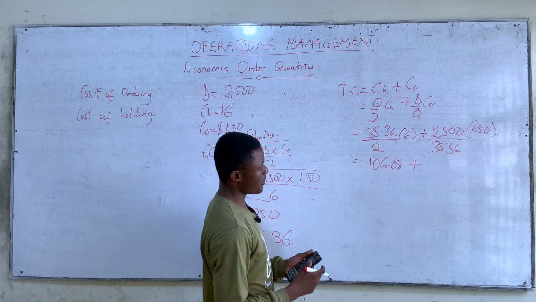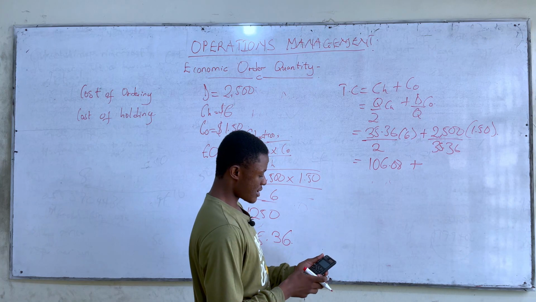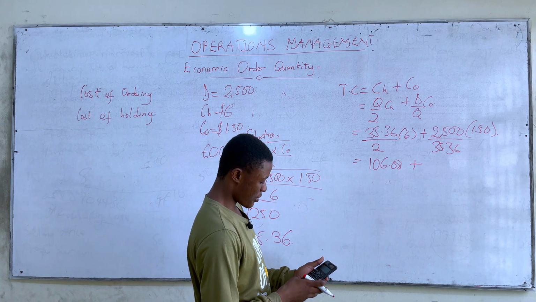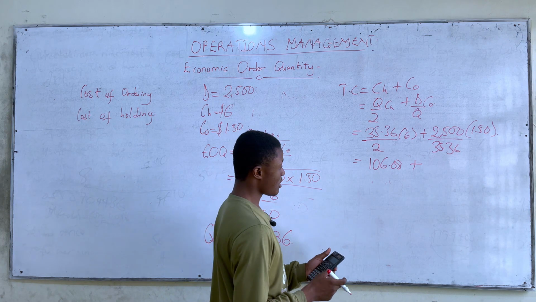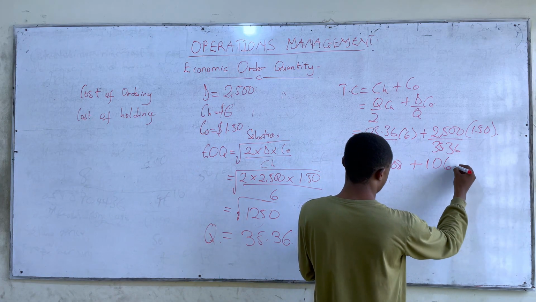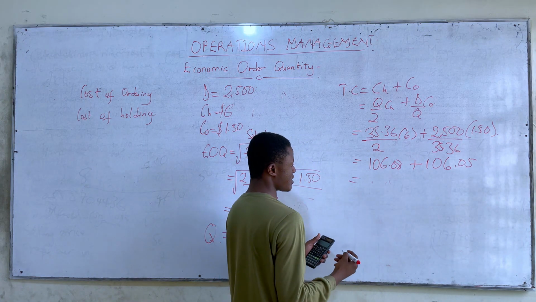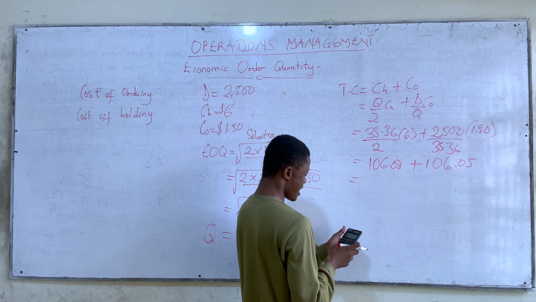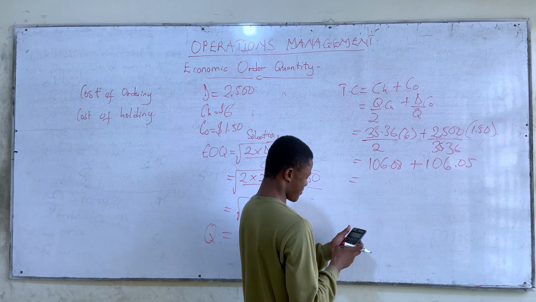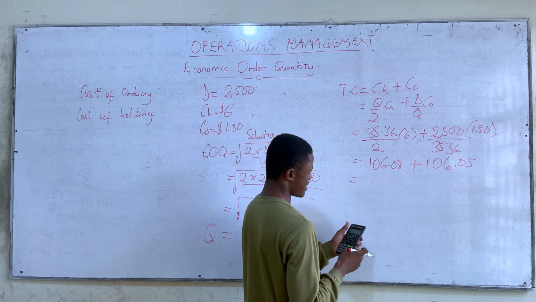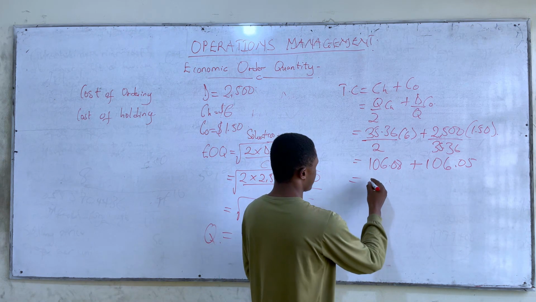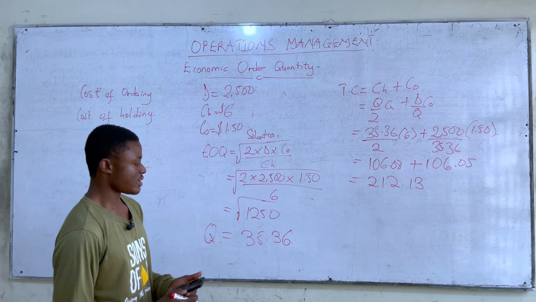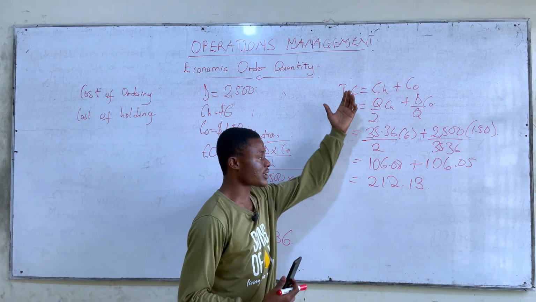Plus what is our figure for this? 2,500 divided by 35.36 multiplied by 1.50, and then we are also getting 106.05. So when we add all these together, 106.08 plus 106.05, we are going to get 212.13. Are we good? Great. So this becomes our answer for the total cost.